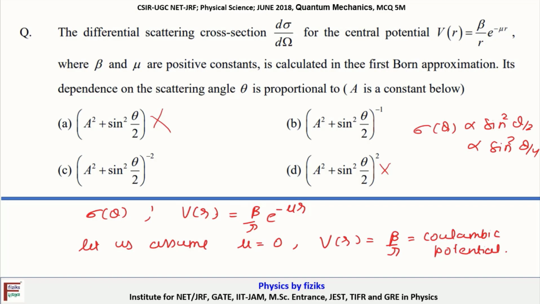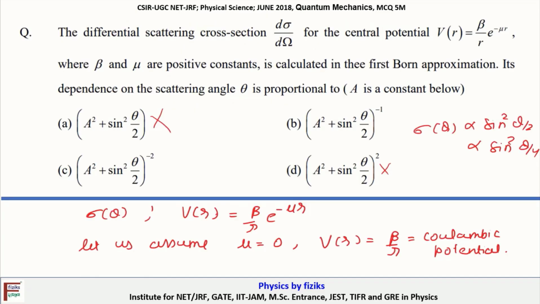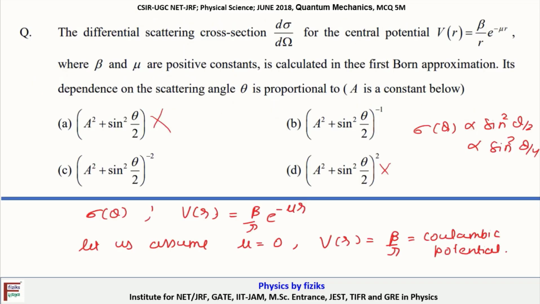In option B, it is proportional to 1 by sin squared theta by 2. So in option C, sin squared theta by 2 minus 2. We can neglect this, so we can say it is proportional to 1 by sin to the power 4 theta by 2. That means option C is correct for this problem.